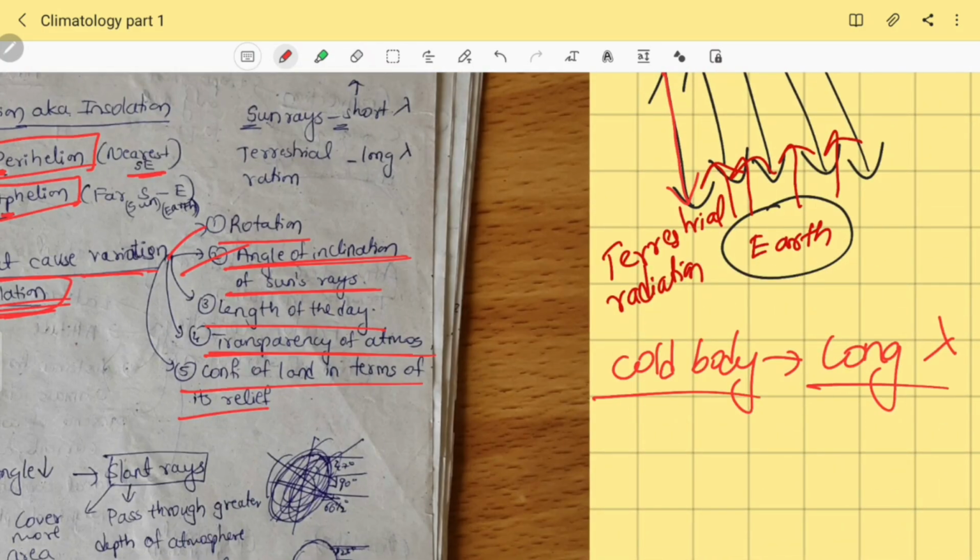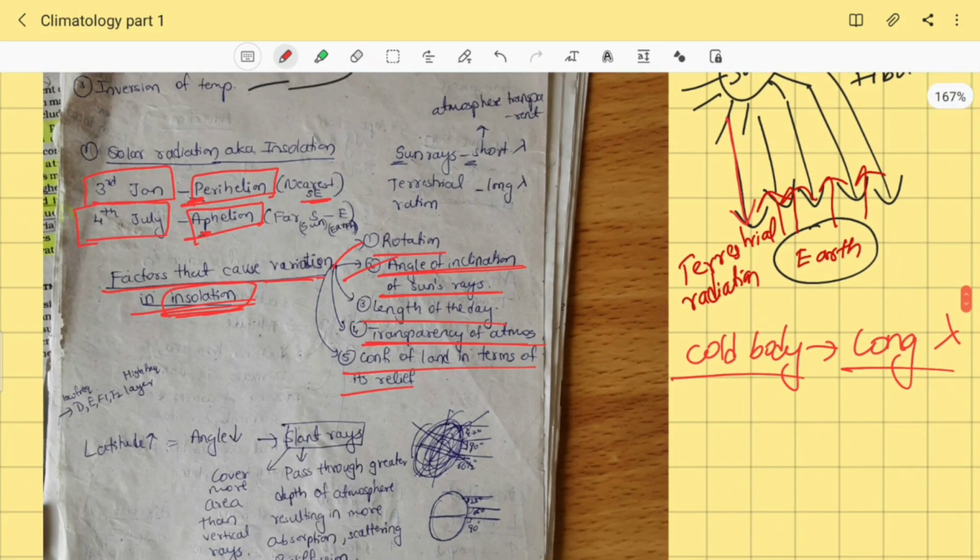So the atmosphere is transparent to short wave solar radiation, that is, incoming solar radiation passes through the atmosphere before striking the earth's surface. Within the troposphere, water vapor, ozone and other gases absorb much of the near infrared radiation. That's the transparency of atmosphere, which causes a variation in insolation.